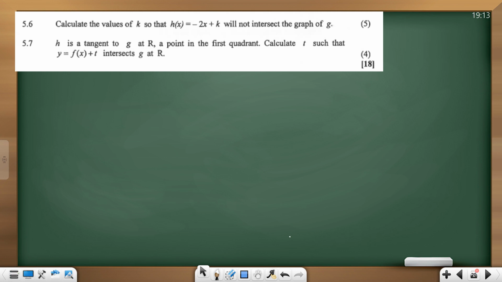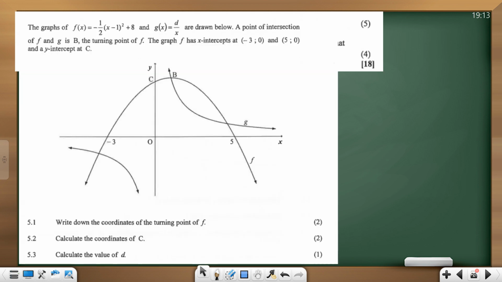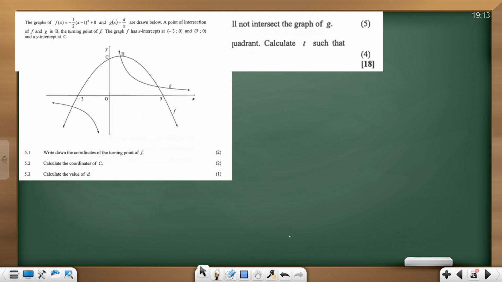All right. Calculate the values of k. Please, I want you to listen to this part. So that h of x, minus 2x plus k, will not intersect. The first thing I need us to see is what type of line the examiner is referring to.